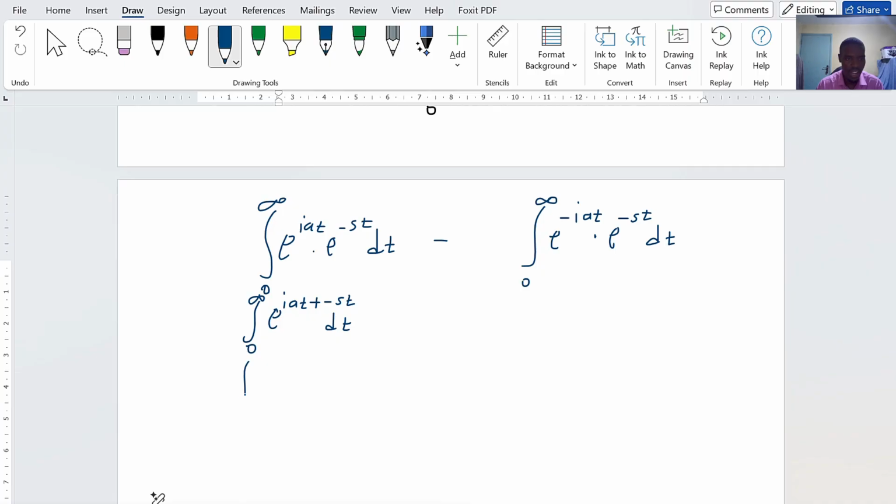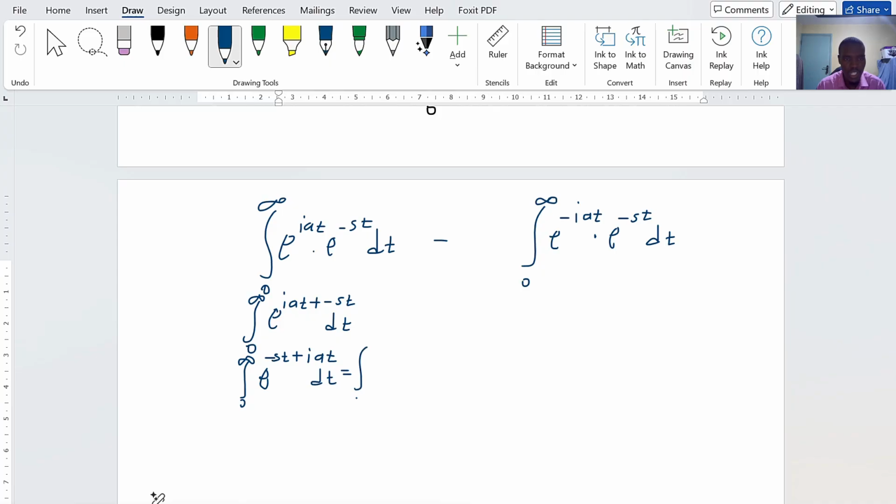Now we need to rearrange, so we'll have e^(-st plus iat) dt.